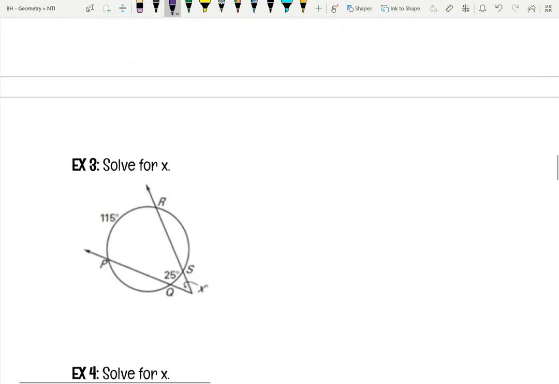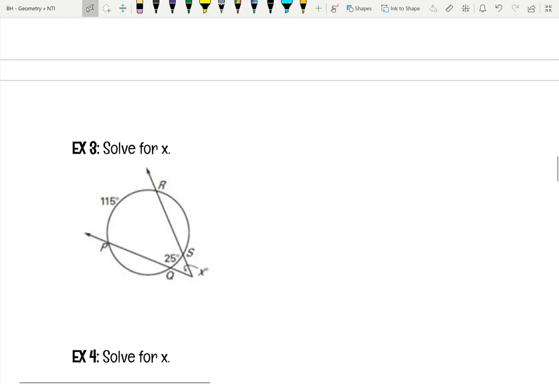All right, so this one actually is already labeled for us. So it says solve for x. So x is our circumscribed angle because the vertex is on the outside and these two rays form that angle and go through the circle. So this time I'm going to actually write out our formula. I need to take half of the difference of the two arcs.